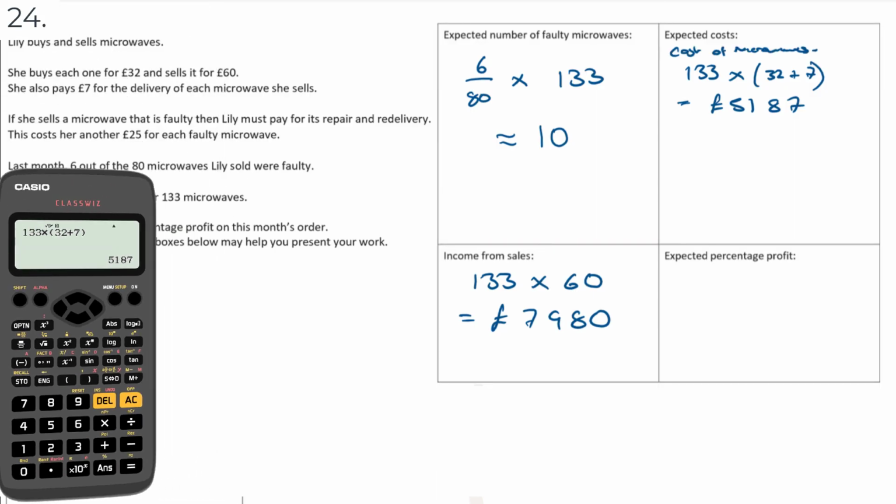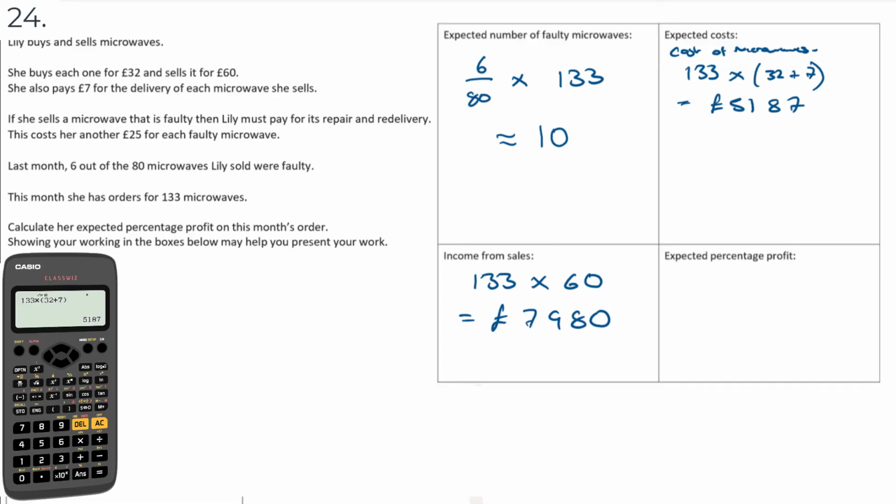But we also need to work out the costs of dealing with the faulty microwaves. So the cost of faulty microwaves. I needed 2 extra boxes here, didn't I? I needed separate boxes for these two things really. So the faulty microwaves, of which we've got 10, if she sells a microwave that is faulty, then Lily must pay for the repair and redelivery. This costs her another £25 for each faulty microwave.